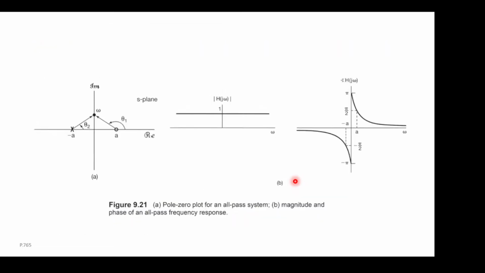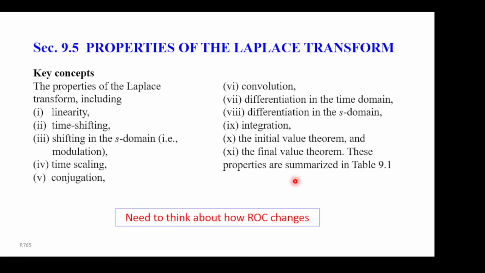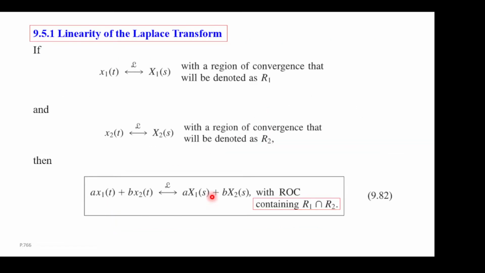Yeah. So last time we started on these properties of the Laplace transform, and as we said, that looks very similar to the Fourier transform, but now we need to consider this ROC thing. So for every property here, we need to consider how they change the ROC of your Laplace transform.